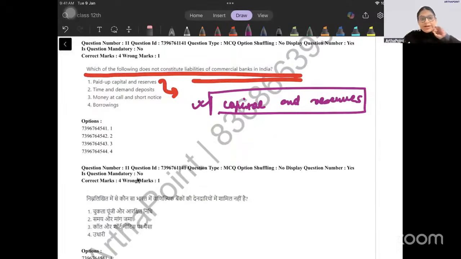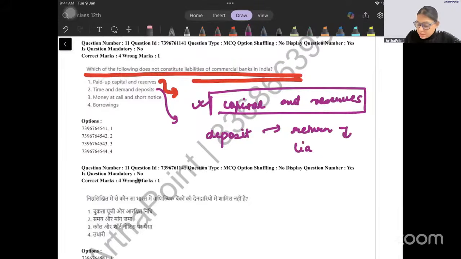Always on the liability side. Second is time and demand deposit. Whatever deposit is done by people, you have to return those deposit. जो भी आपके पास पैसा deposit करे आपको उसको वापस करना है. So those deposits, they are a liability for you.